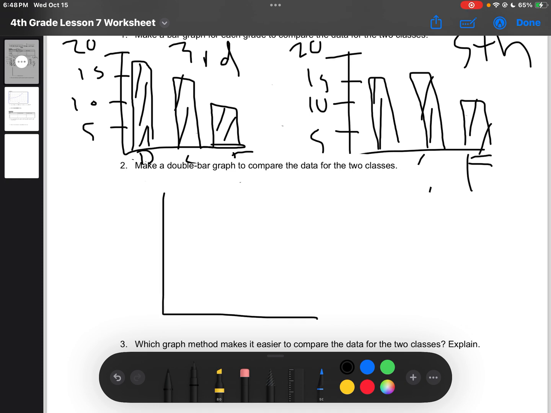Same label, events, for the bottom label, and the side label will be number of 3rd graders and 5th graders in each event. Let's draw it. Let's make this wider. So B, S, F. Then 5, 10, 15, 20.